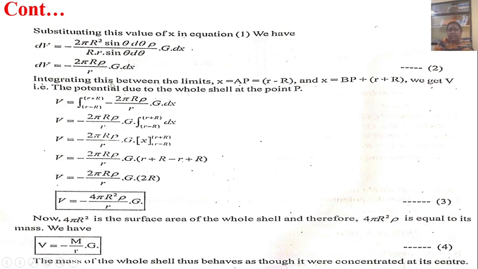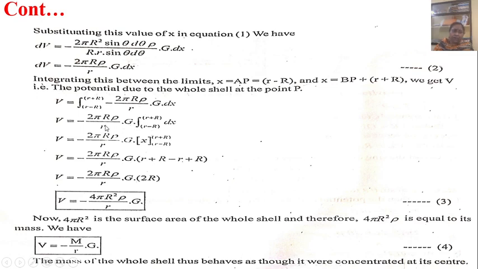After integrating between the limits x equal to AP, that is r minus R, and x equal to BP, that is r plus R, we get V equal to the integral of minus 2 pi R rho upon r into g dx. The constants are taken outside the integral.